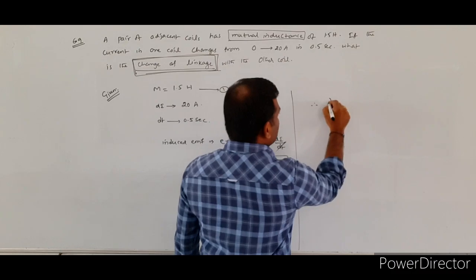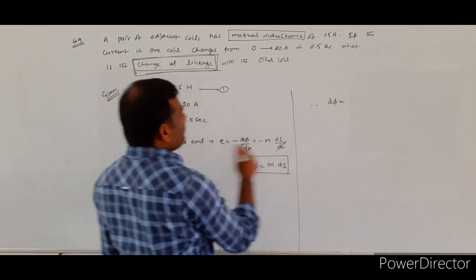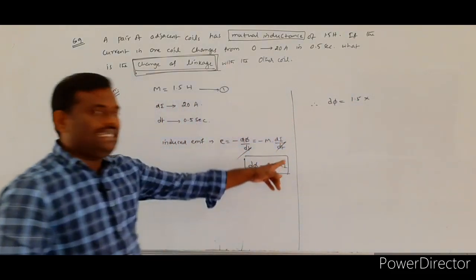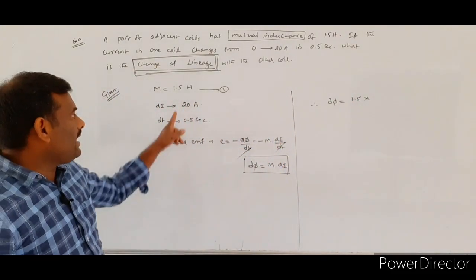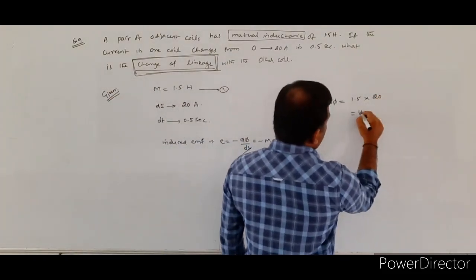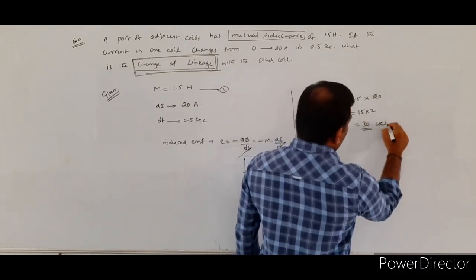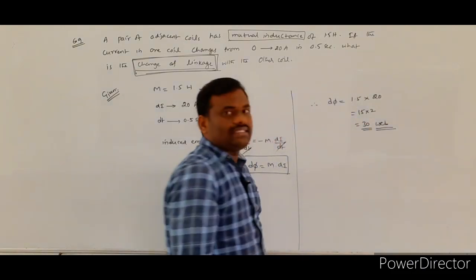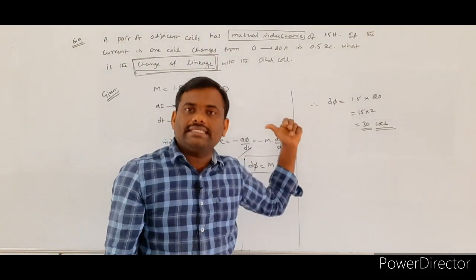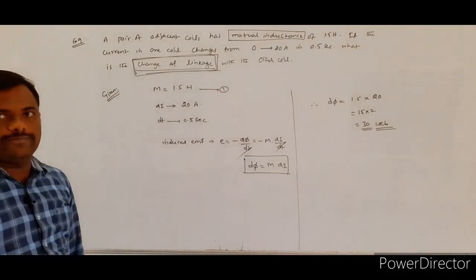The M value is 1.5 Henry, and di, the change in current, is 20 amperes. So 15 into 2, that is 30 Weber. The change in flux value is 30 Weber. This is the required answer for numerical number 6.9.